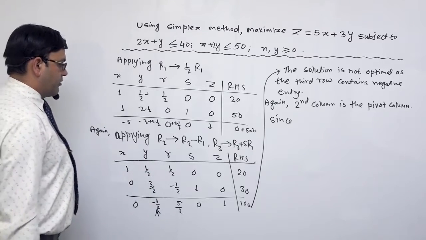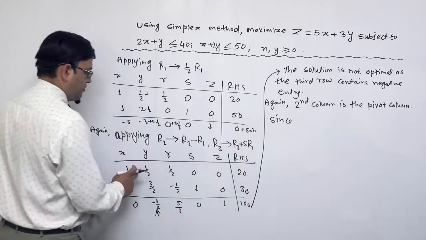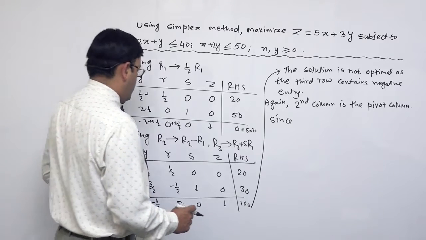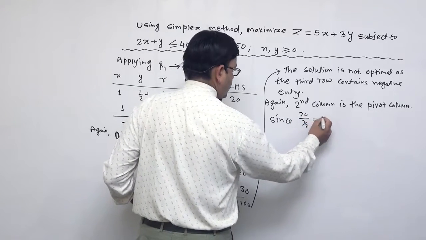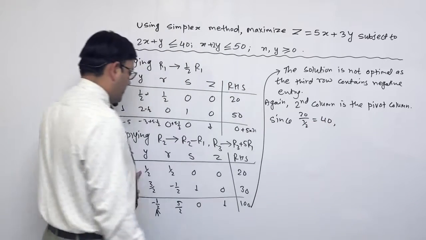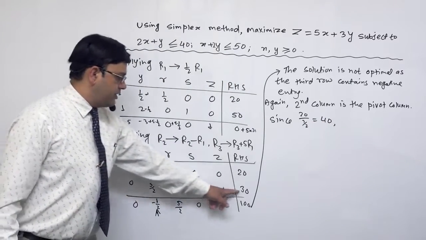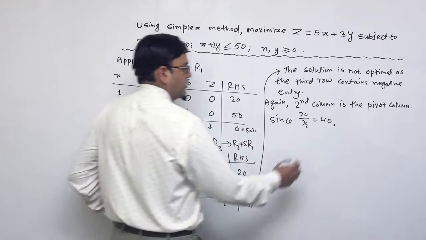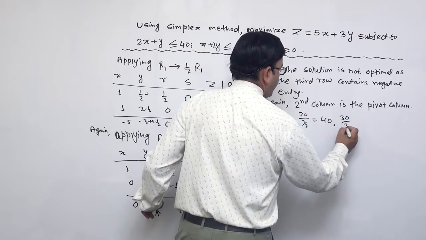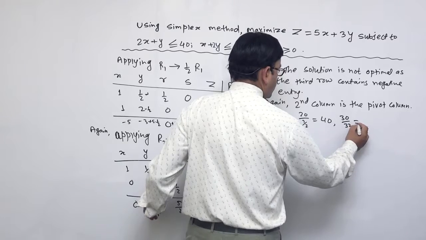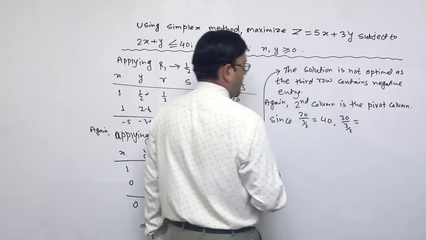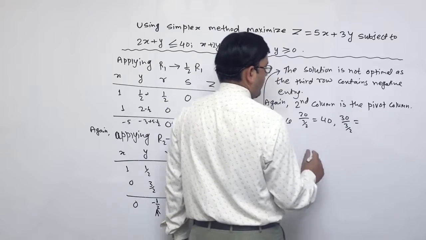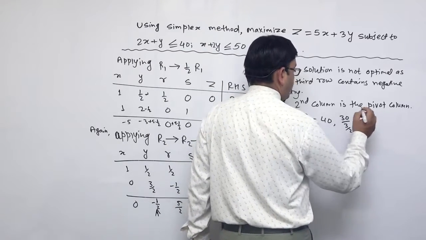To find the pivot element we have to divide this by this: 20 divided by 1/2, so we can write 20 divided by 1/2 is equal to 40, and next one is 30 divided by 3/2. 30 divided by 3/2, the 2 goes up, therefore it becomes 20.